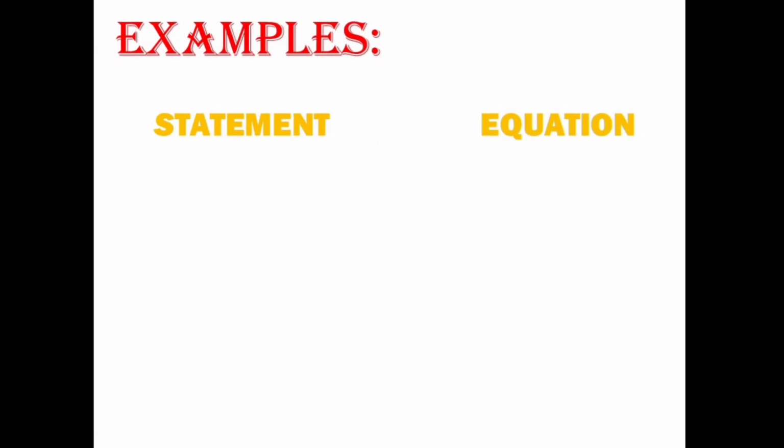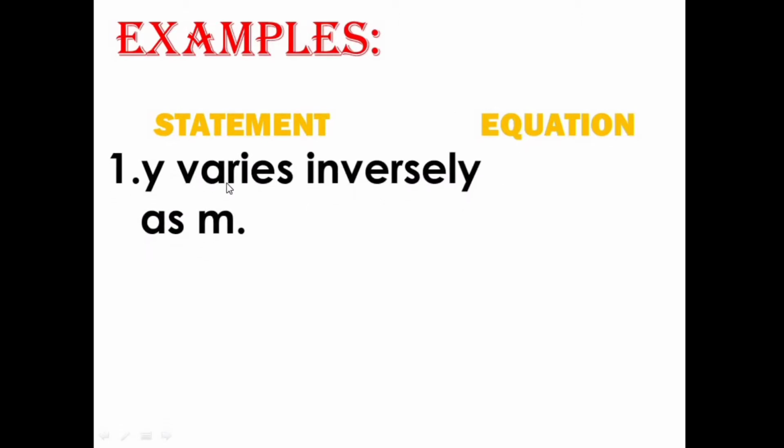Examples, class. We have the statement and the equation. Example number 1: if y varies inversely as m, what will be the equation? The equation is y equals k over m. Again, class, k stands for the constant.